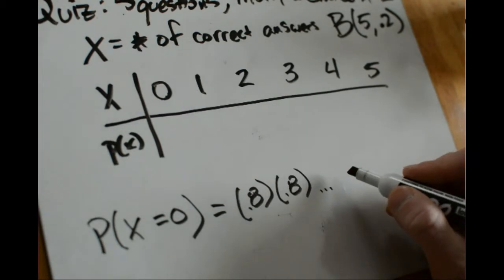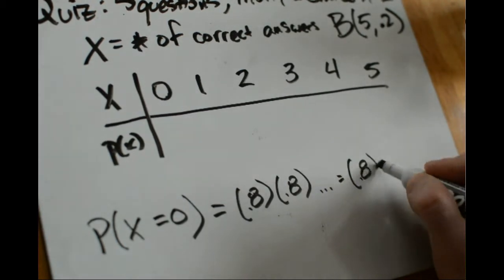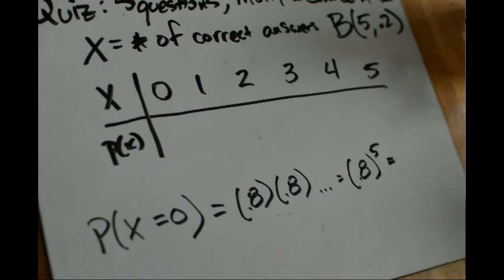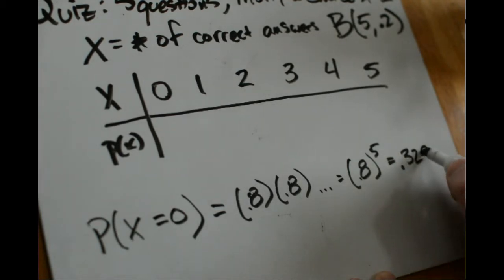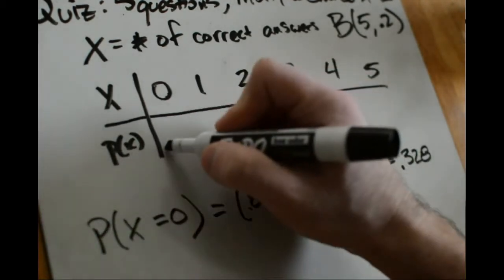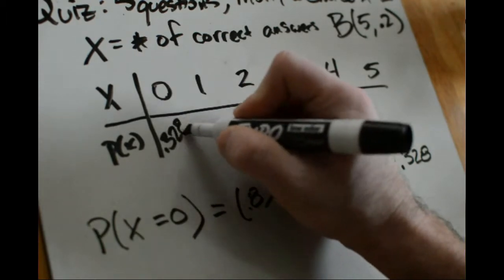Do that for 5 questions, basically you have 0.8 raised to the 5th. And that would be the probability that you got all of them wrong. That has a probability of approximately 0.328. So the probability of x being 0 is 0.328.